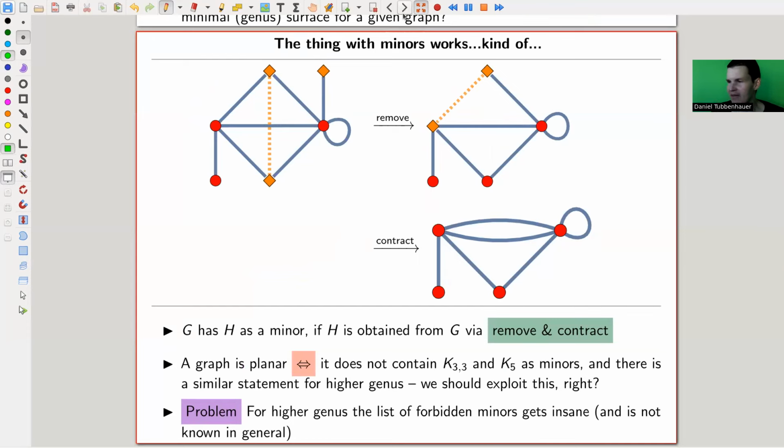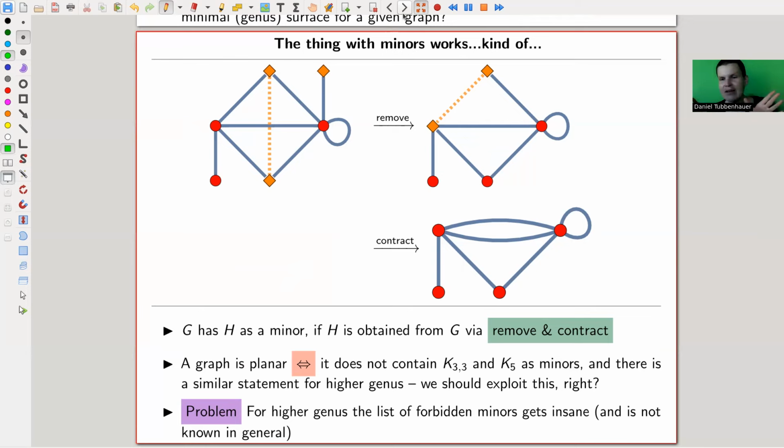It turns out that this is so for planar, that's okay. So we can write an algorithm that looks for exactly those as minors. And you can do something similar for other surfaces, but it gets a bit tricky because those lists get really insane. So that turns out to be not quite the right way of doing it.